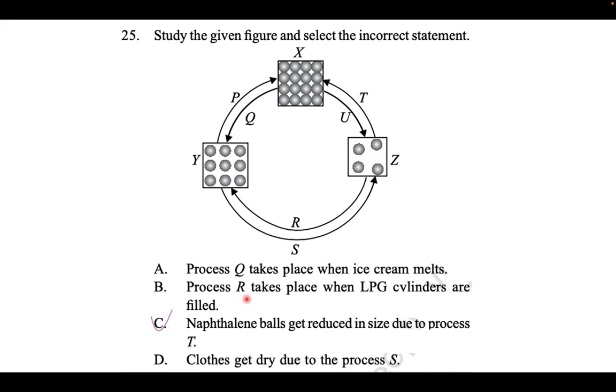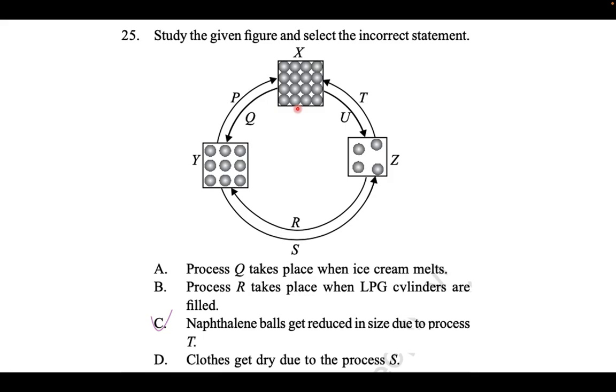Process R takes place when LPG cylinders are filled. This is true, as LPG means liquid petroleum gas. Naphthalene balls get reduced in size due to process T. The process T represents the conversion of the substance present in gaseous state into solid state.